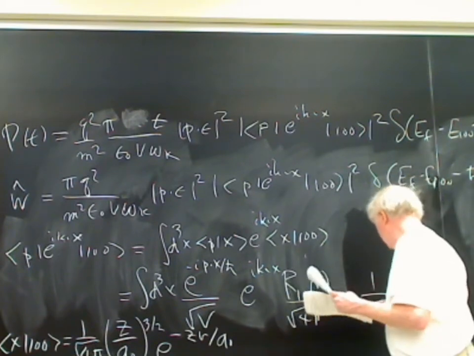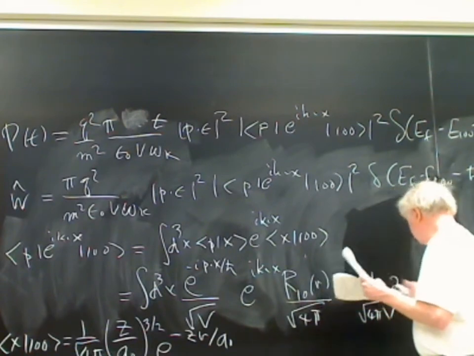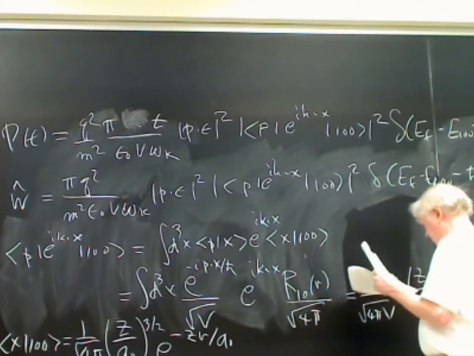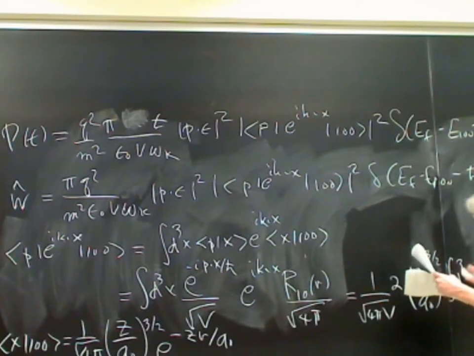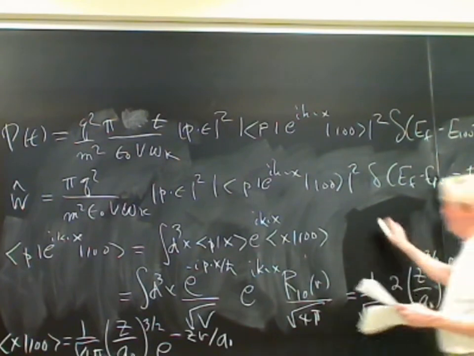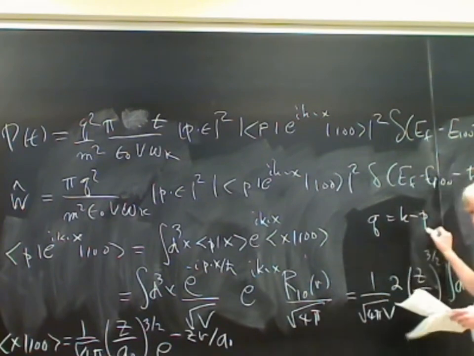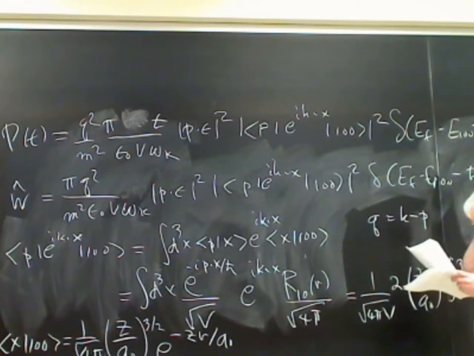And so this whole thing then becomes 1 over the square root of 4 pi v, 2 Z over A0 to the 3 halves, integral d cubed x, e to the minus i q dot x. I'm letting q equal k minus p over h bar, where p is the momentum of the electron.